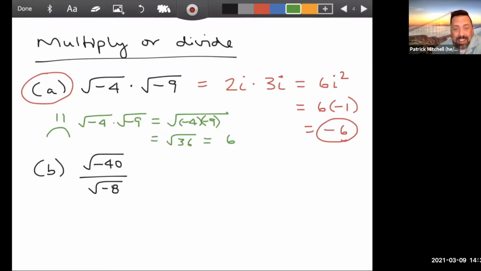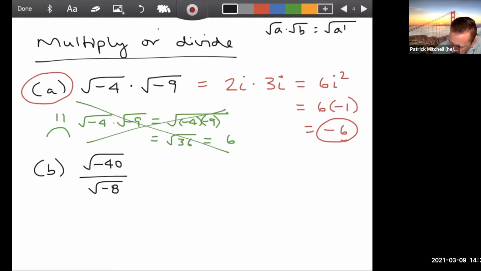The reason this doesn't work is because I was trying to use the product rule for radicals there, the thing that says the square root of a times the square root of b is equal to the square root of a times b.